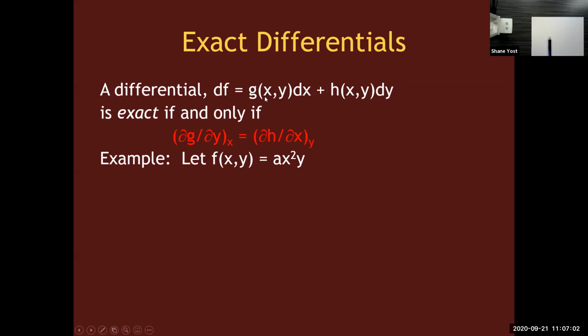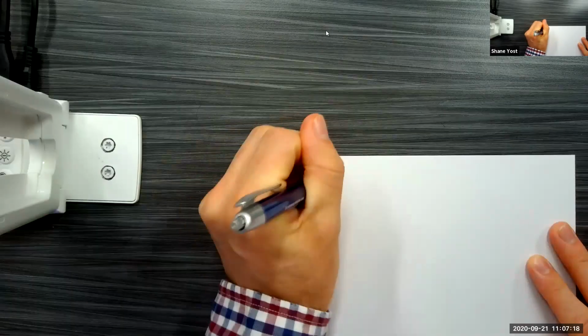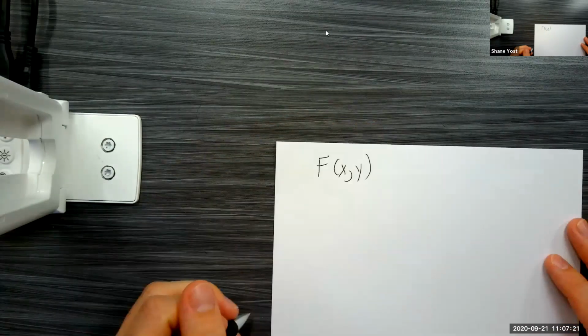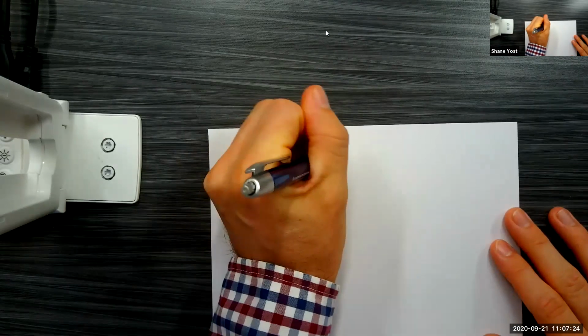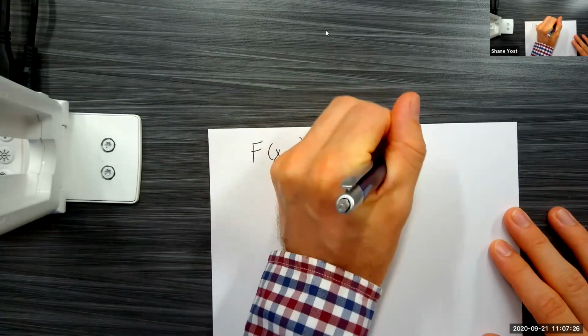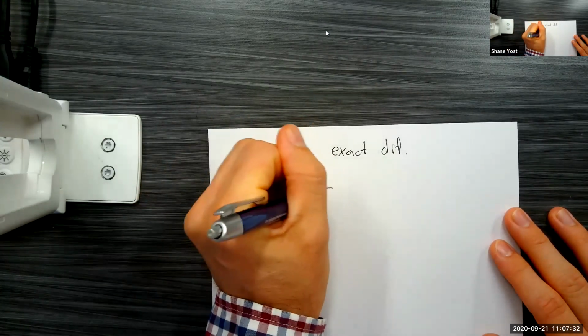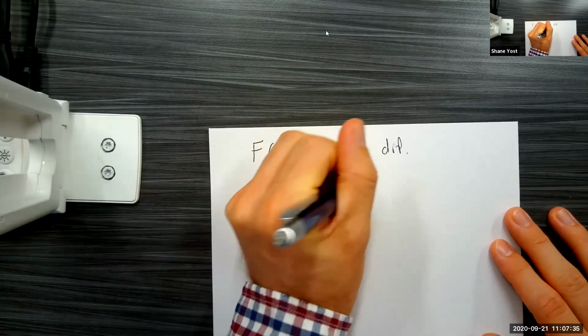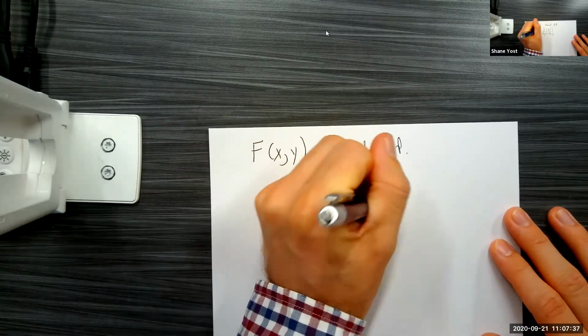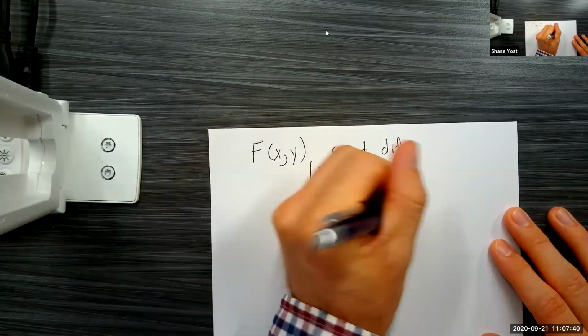And this definition here, del g del y of x equaling del h del x of y, this expression up here, really is just saying this. If I have some function of x and y, for it to have an exact differential, I'm going to write things out specifically here.